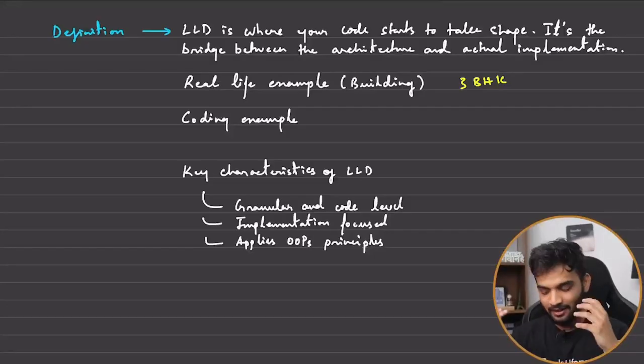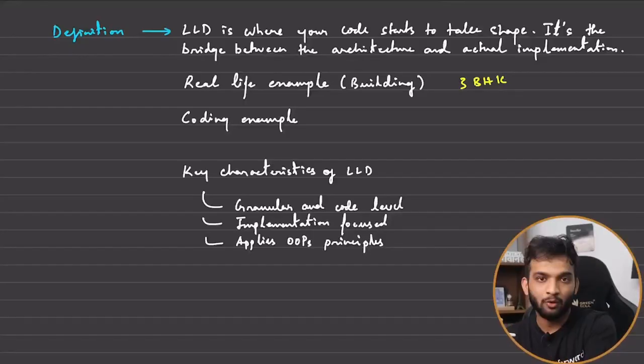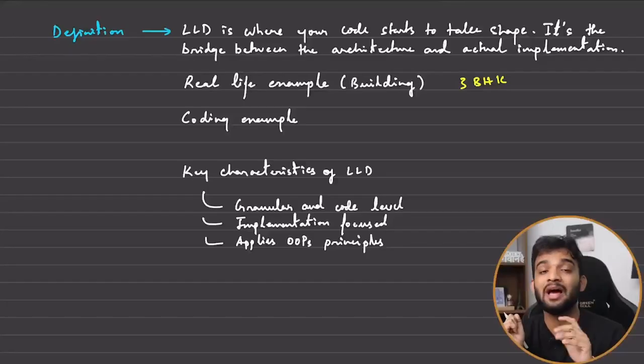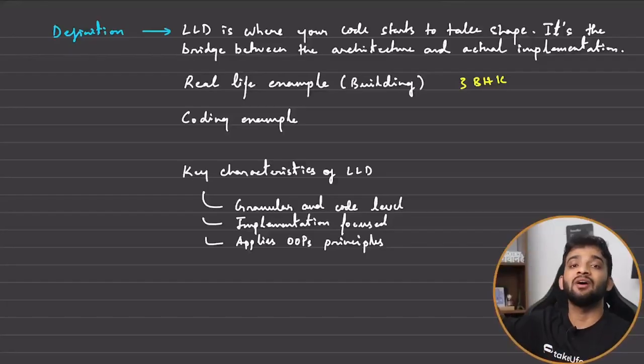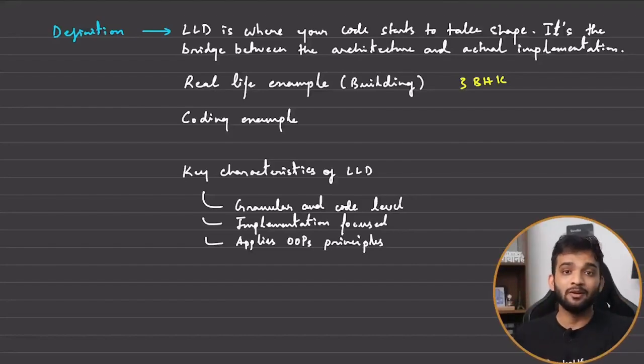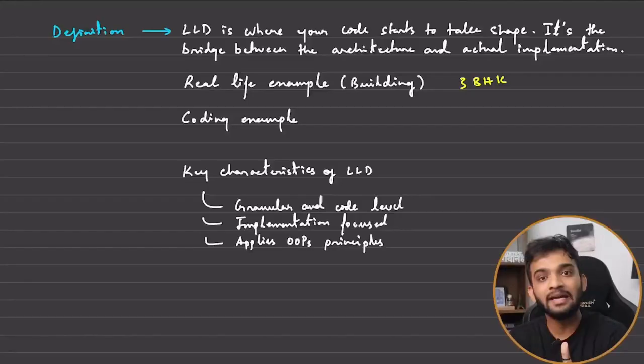What is the low-level design? Now, when I get into a certain bedroom and I say that, okay, this will have a bed in that corner, this will have a study table, this will have a TV, this will have a sofa, etc. This is what we term as low-level design. When we get into details, extreme details, that is when we term it as a low-level design.